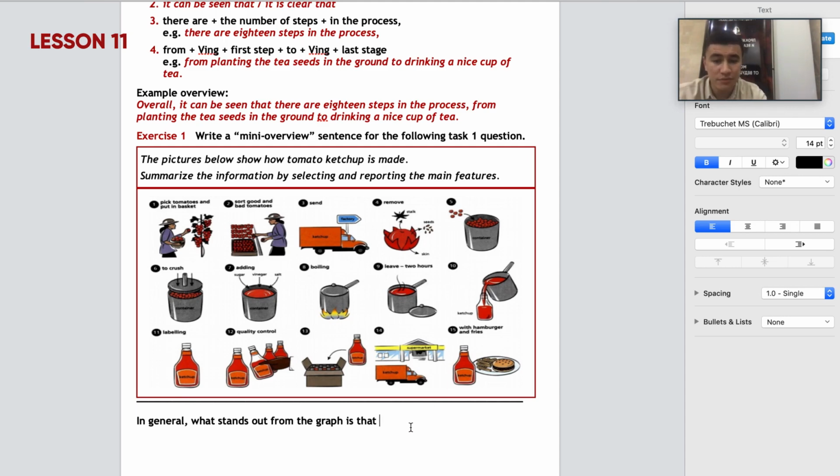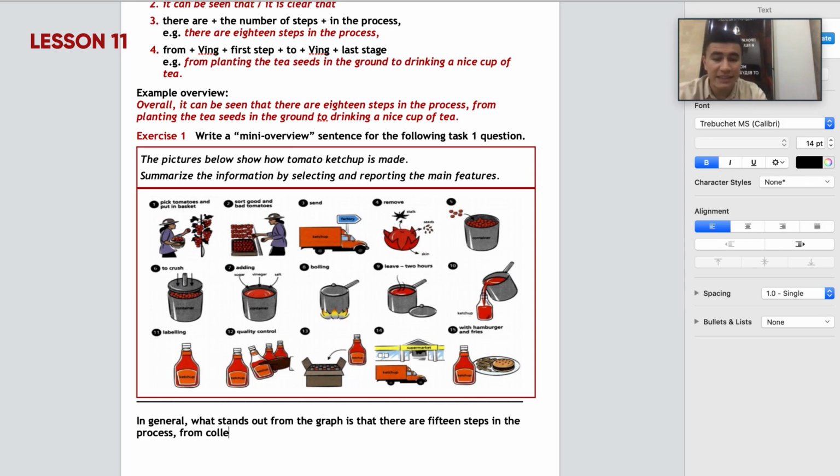There are 15 steps in the process from, the first step is pick tomatoes and put in basket.